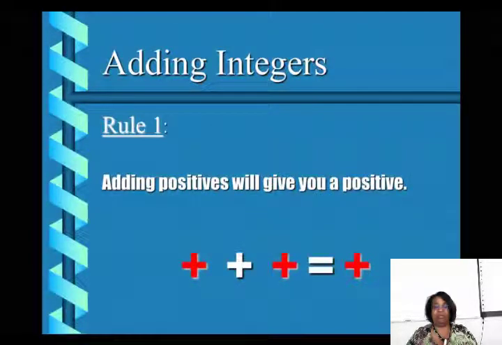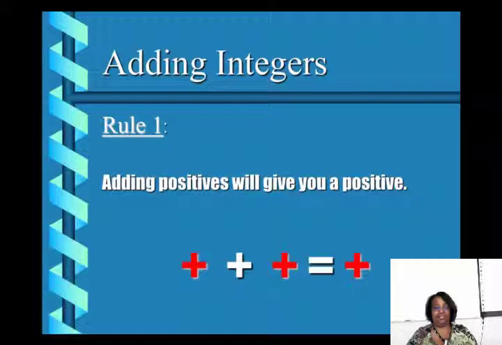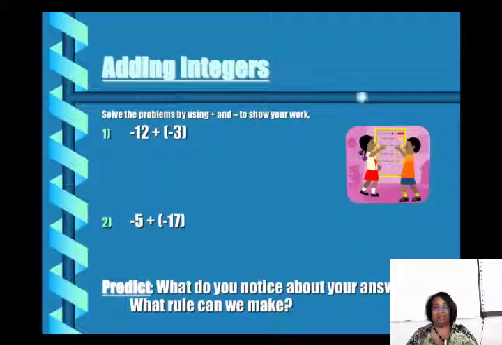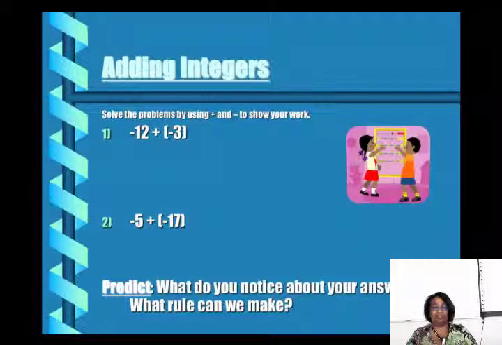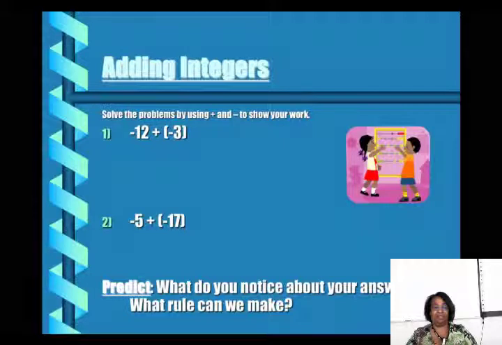Rule number 1 for adding integers. Adding positives will give you a positive answer. And we also know that adding two negatives will give you a negative answer. So if I had these two examples here, number 1, negative 12 plus negative 3, what answer would you get? Negative 15.